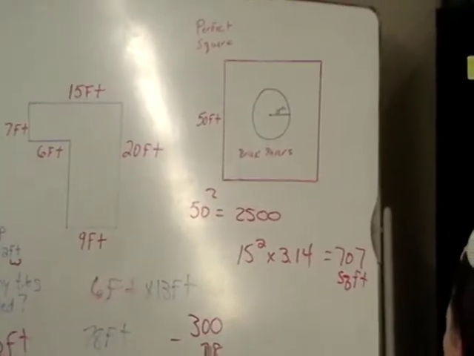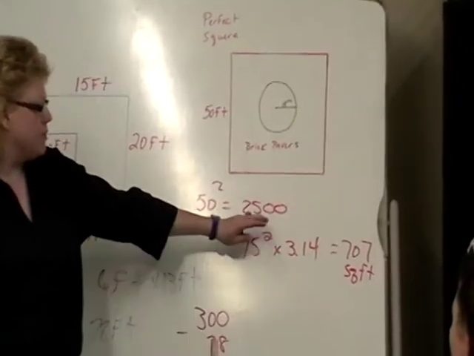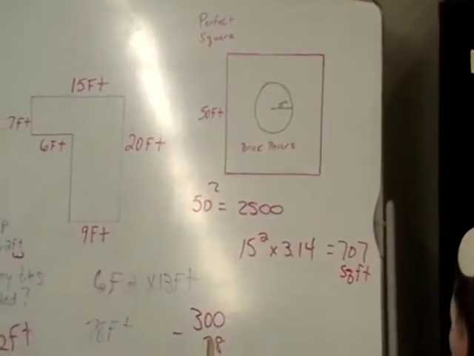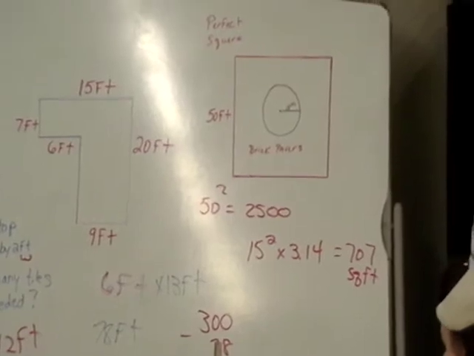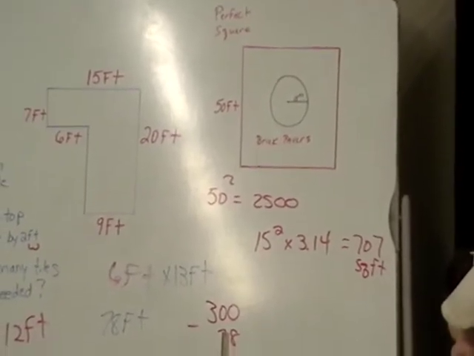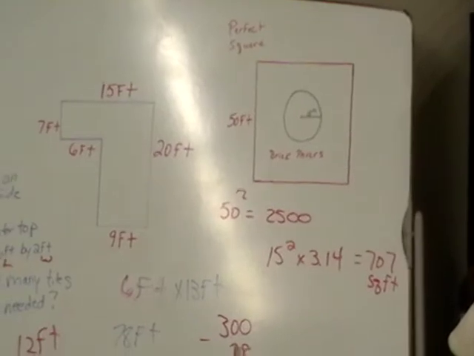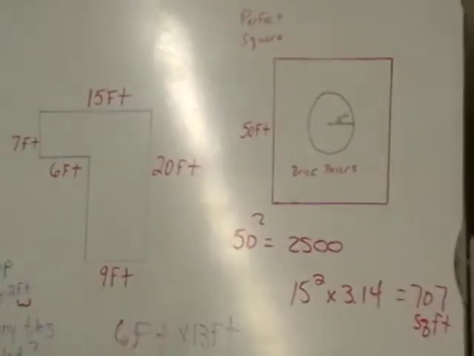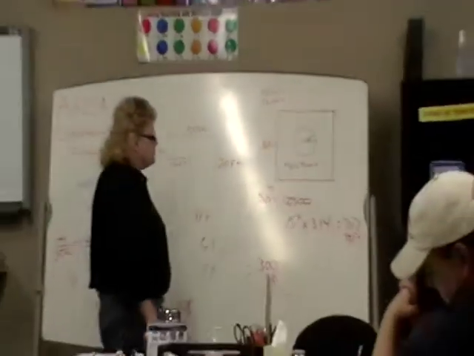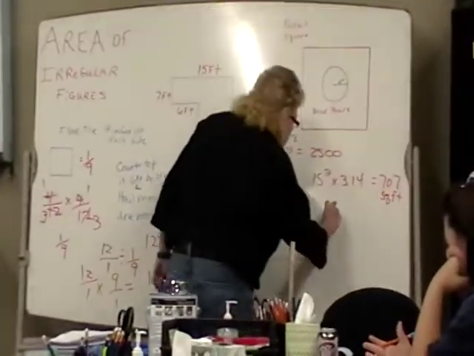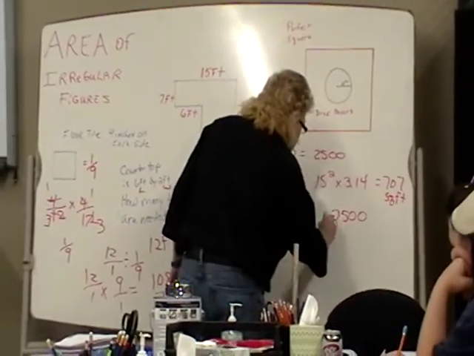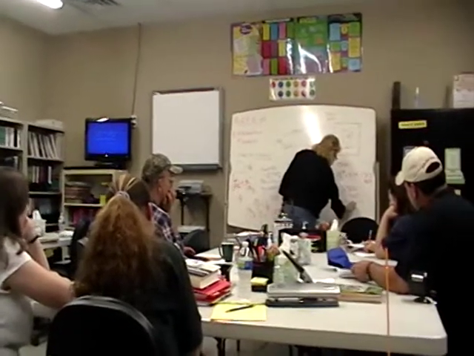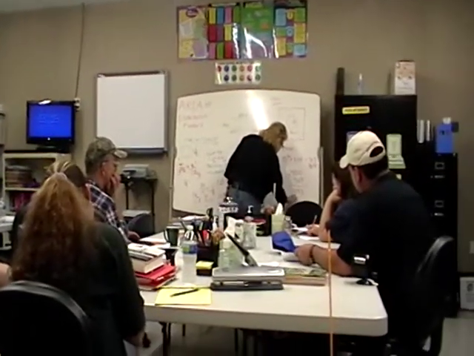So if we subtract 707 from the total, the whole thing, we'll get the brick pavers. Everybody follow me on that? What would that be? 2,500 minus 707 is 1,793. 1,793 pavers.